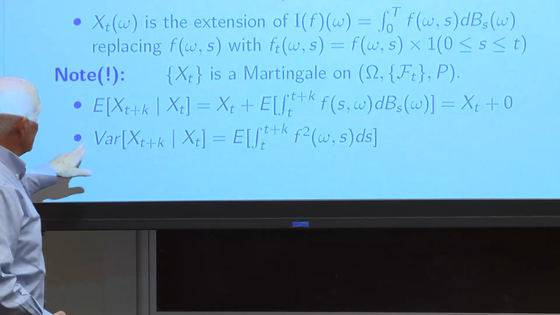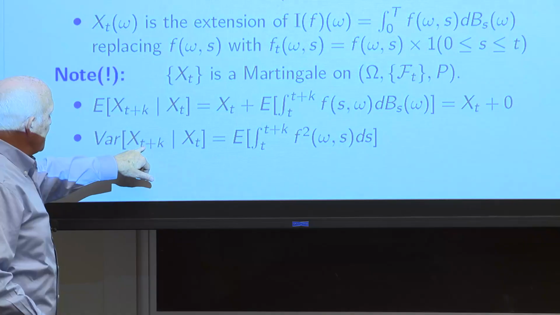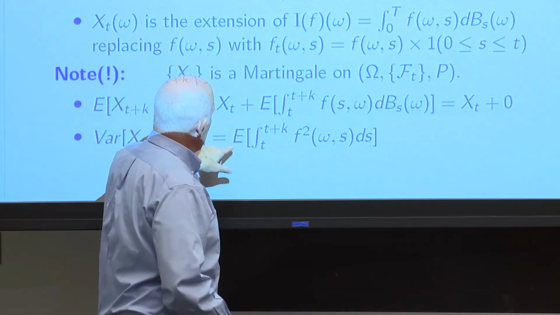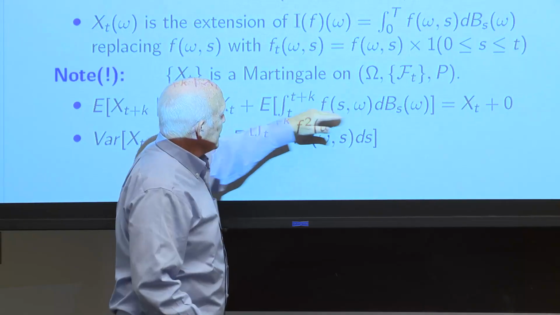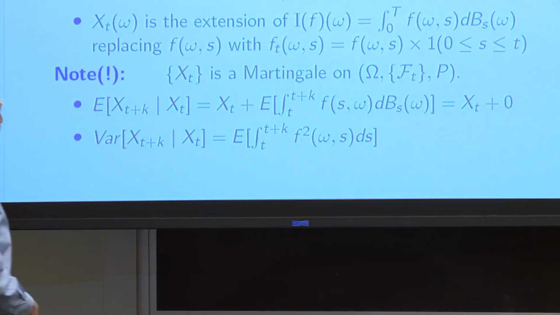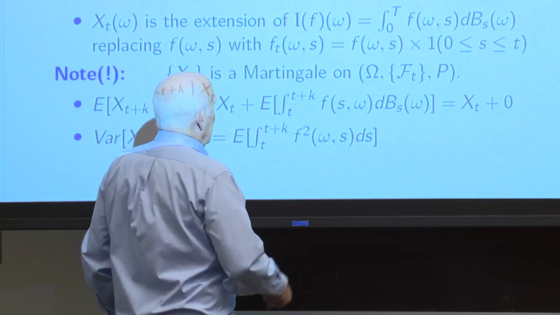And if we look at the conditional variance of the t plus k value given X_t, it's equal to the expected square of the integral of f dB_s.